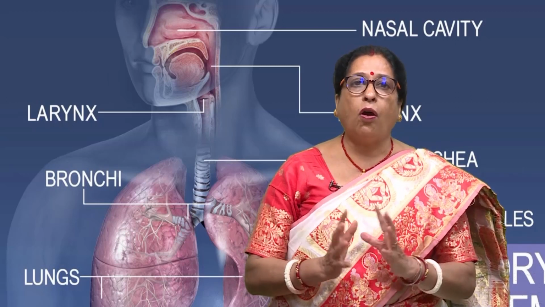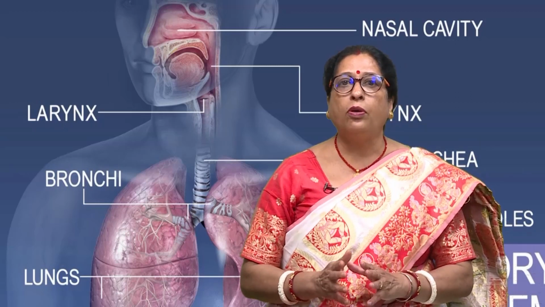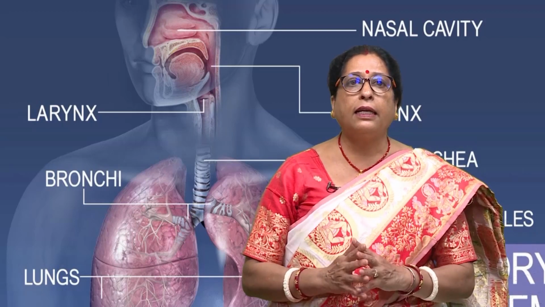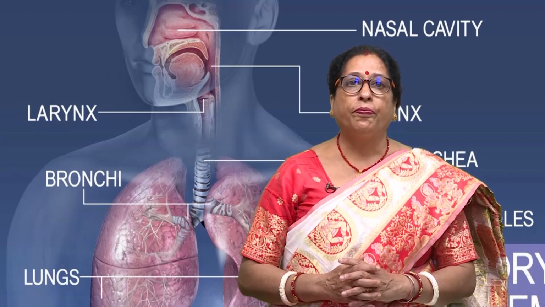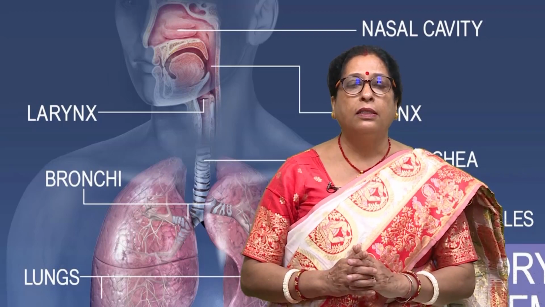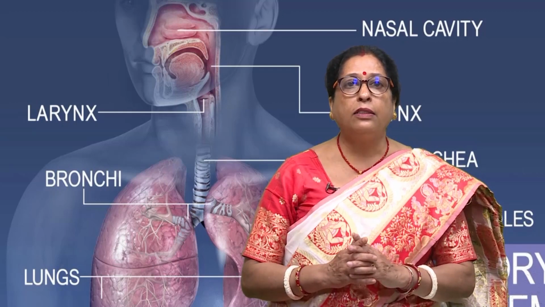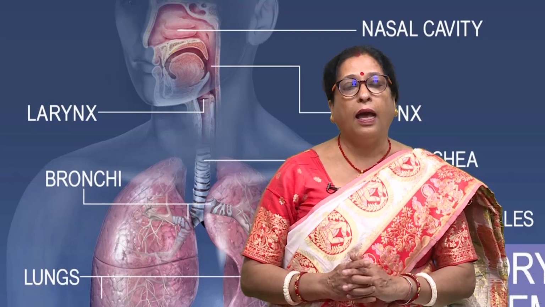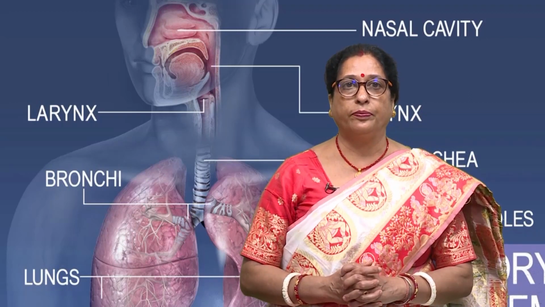But that is not all. The nose also has an intricate sinus system. Sinuses produce mucus to moisten the inside of the nose and protect us from dirt, dust and other organisms.